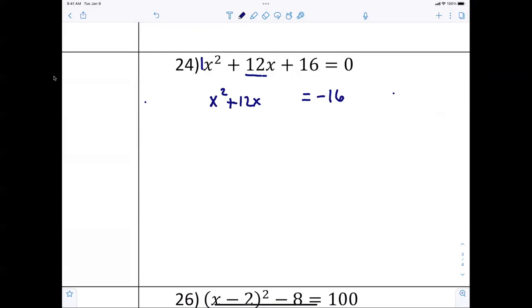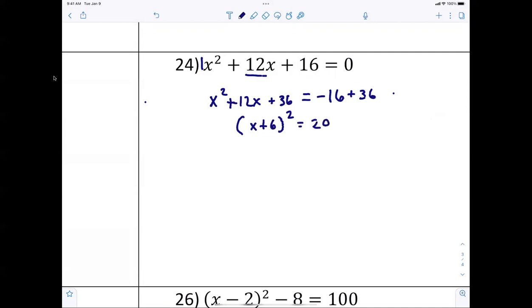Half and square, what is that? 36 on both sides. Factors now to what? X plus 6 squared equals 20.